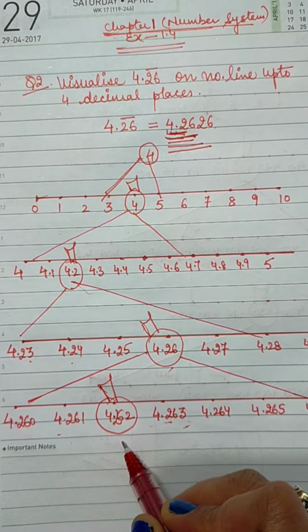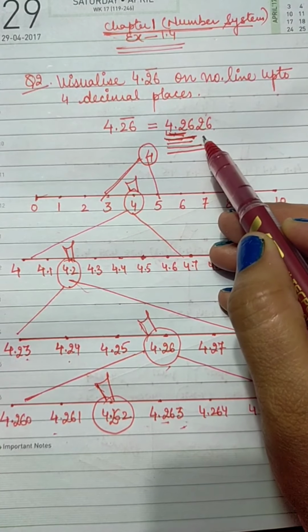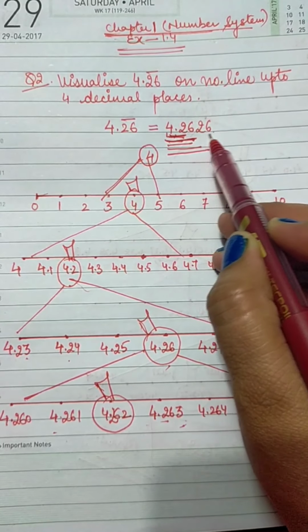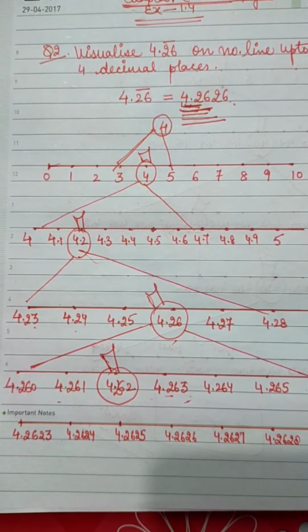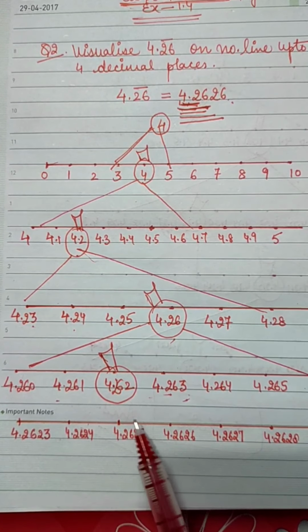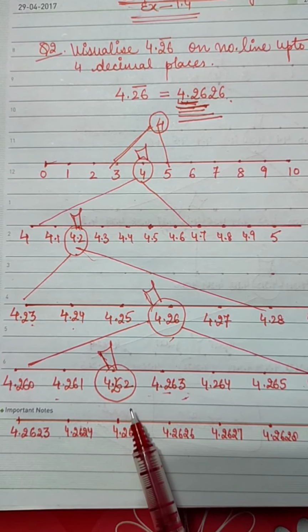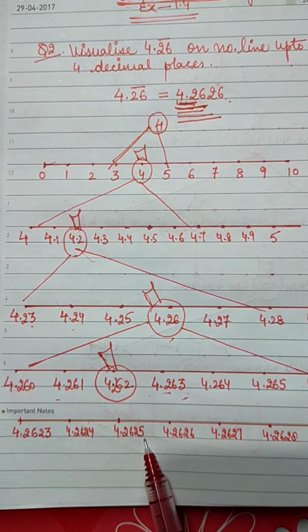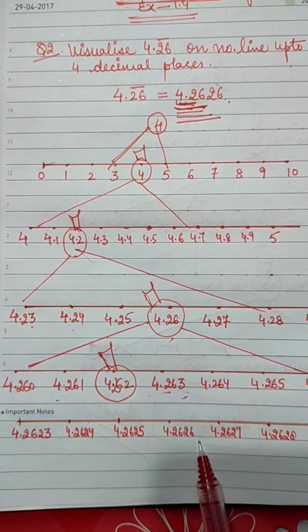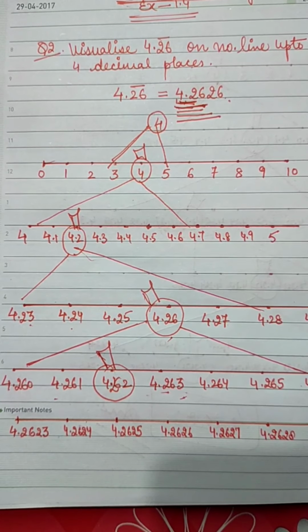Next number is 4.2626, that means the last number. So let's have a number line on that. So here comes the next number line, having 4.2623, 4.2624, 4.2625, 4.2626, 4.2627 and so on.